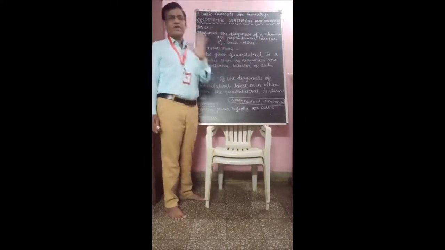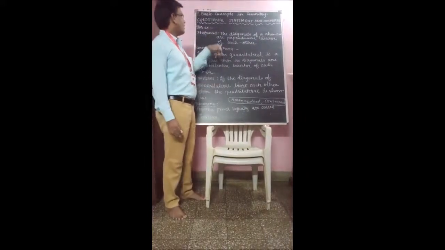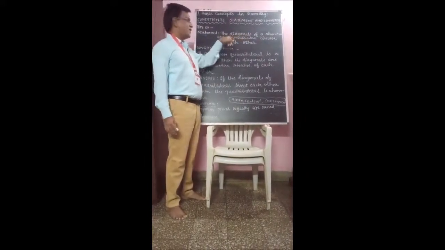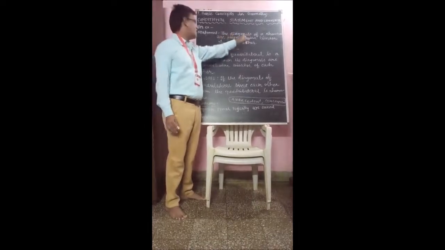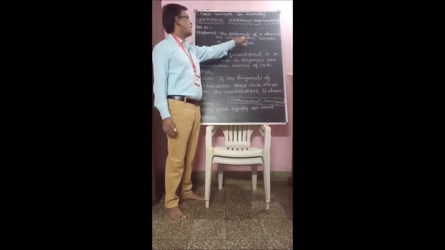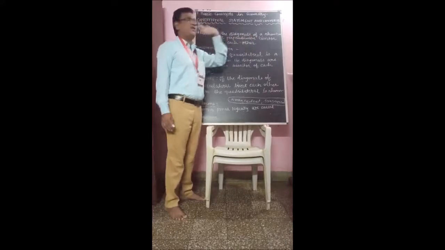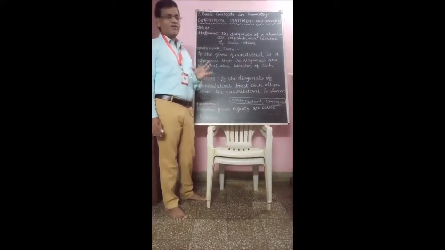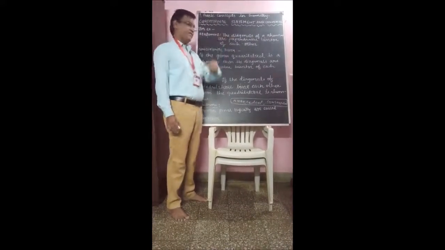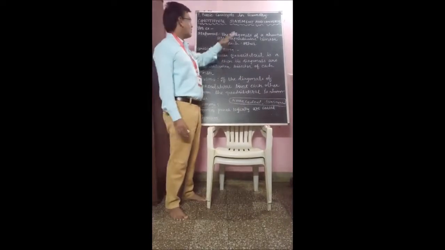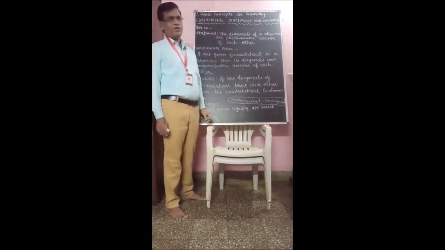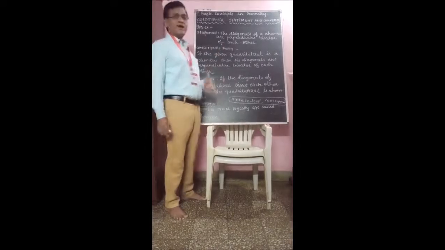This is a statement of geometry. If the quadrilateral is a rhombus, the diagonals of that rhombus are always perpendicular bisectors of each other. This is a geometric postulate, and now you have to prove this postulate.